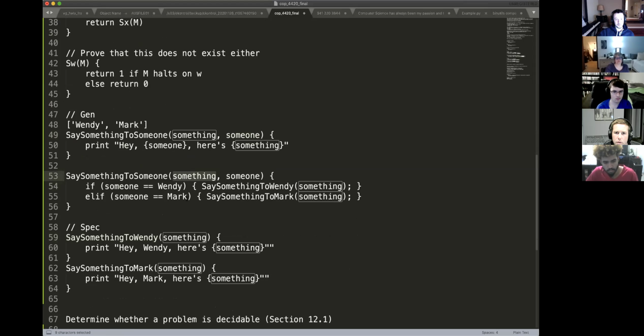Right. If someone is Mark, take that something and pass it to say something to Mark. So those two functions are exactly the same thing. In fact, if you compile them, you'd probably end up with the same machine code because the compiler would optimize your code. So those two functions do exactly the same thing in this realm where someone can only be one of two things.